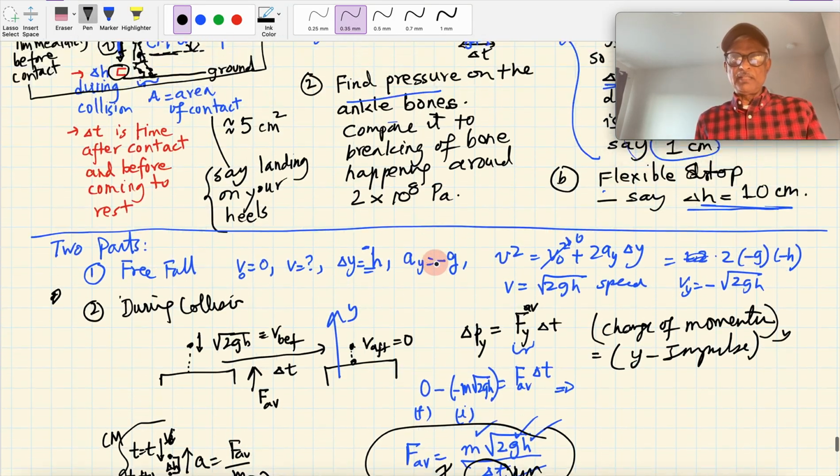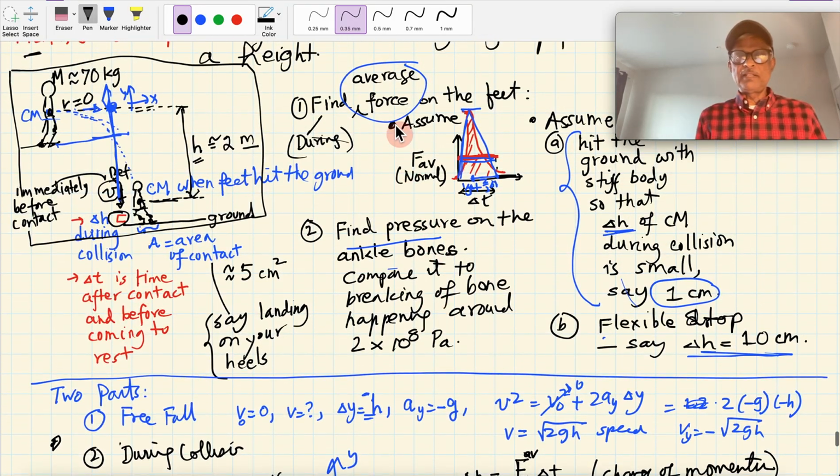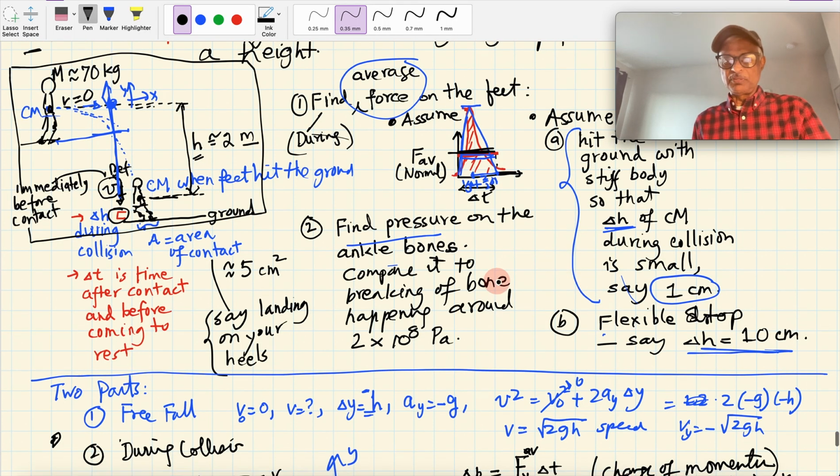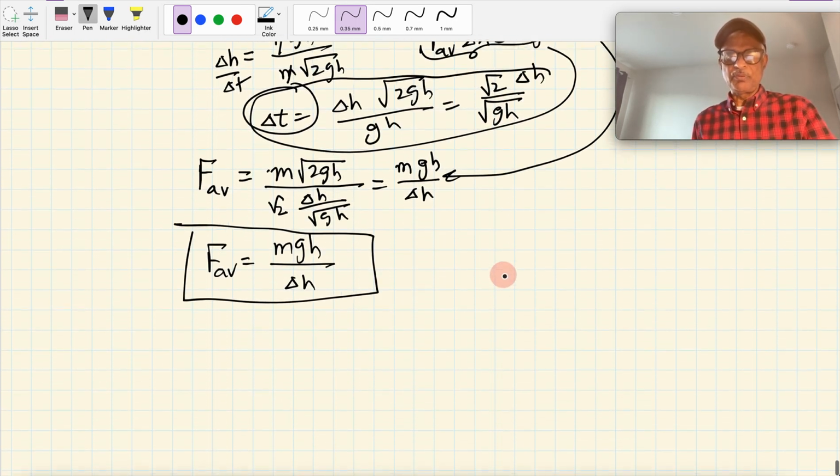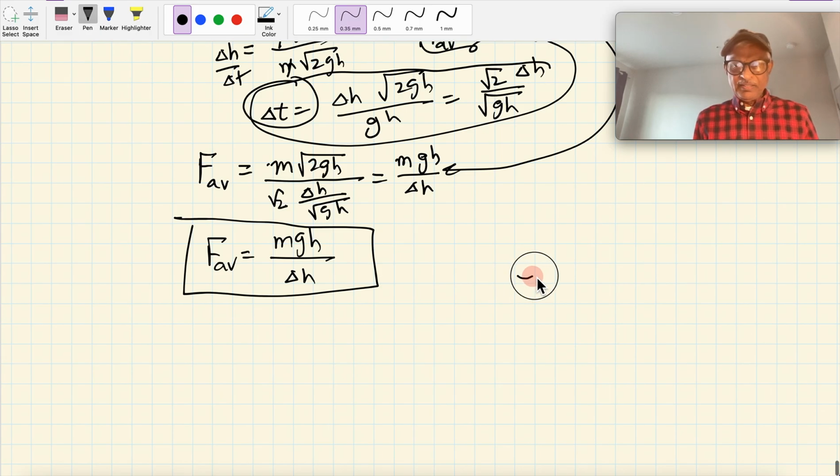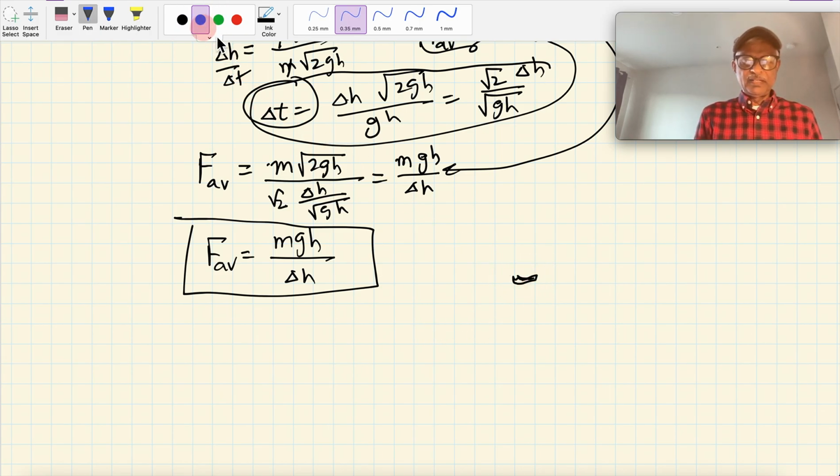Okay, so that answers how to get the force. If I assume an average force, how do we get the pressure on the ankle bones, and then we can put in the numbers. So that's one formula. Here is the bottom of the heel that touches.